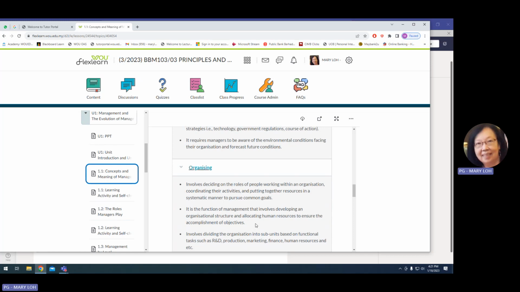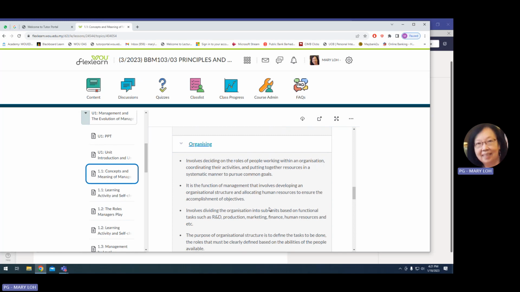That is part of organizing. Organizing also involves dividing the organization into subunits based on functional tasks, for example production, marketing, finance, human resources, etc. Again, this is mainly for your general understanding of what organizing is.